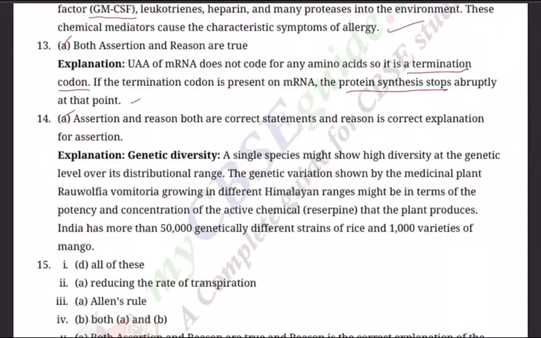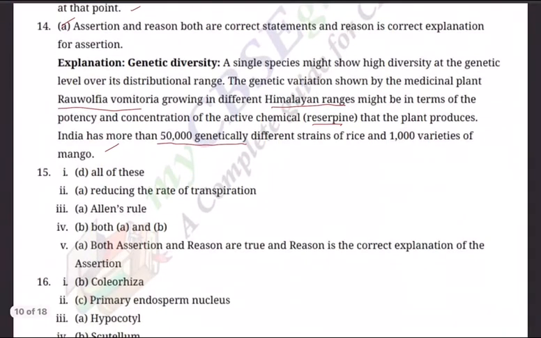The genetic variation shown by the medicinal plant Rauwolfia vomitoria growing in different Himalayan ranges might be in terms of the potency and concentration of the active chemical, that is reserpine, that the plant produces. India has more than 50,000 genetically different strains of rice and 1,000 varieties of mango. So you need to remember Rauwolfia.